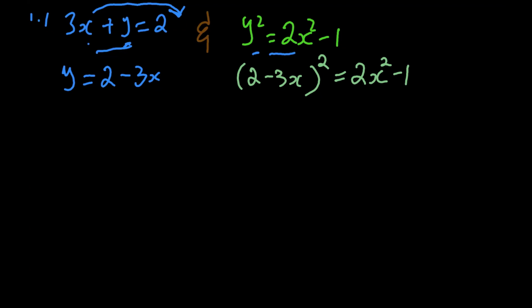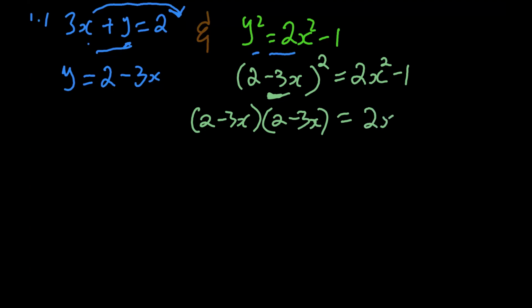Now we'll need to expand this equation. So we'll say 2 minus 3x, bracket, 2 minus 3x, and you still have 2x squared minus 1.